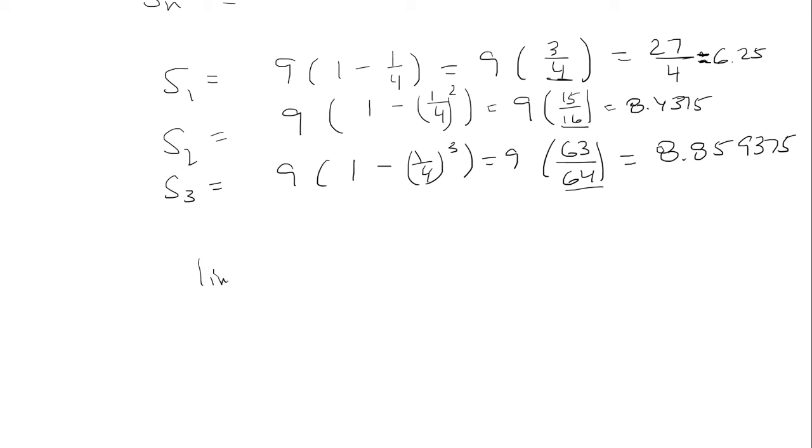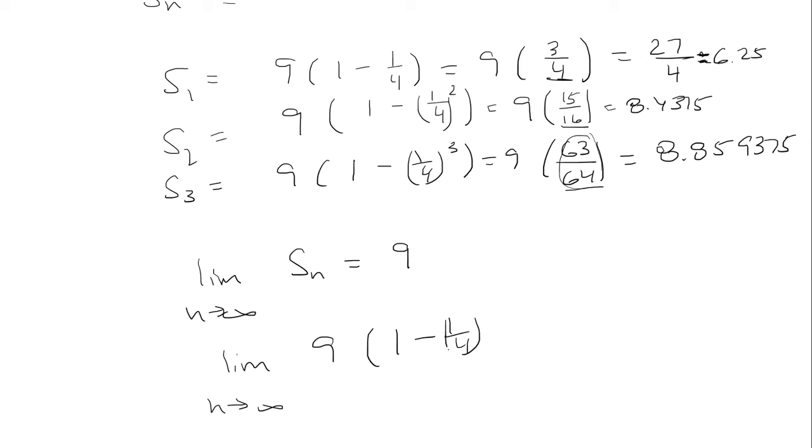So if you look at the limit as n approaches infinity of S sub n, it's just going to be 9. I can factor out the 9, and 1/4 to the n is going to go to 0.